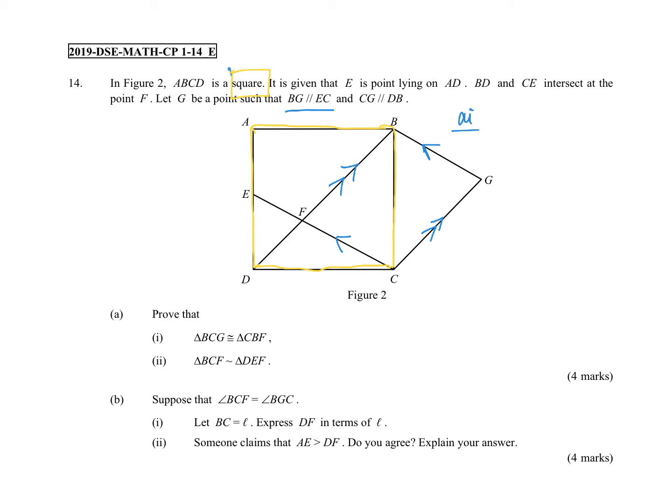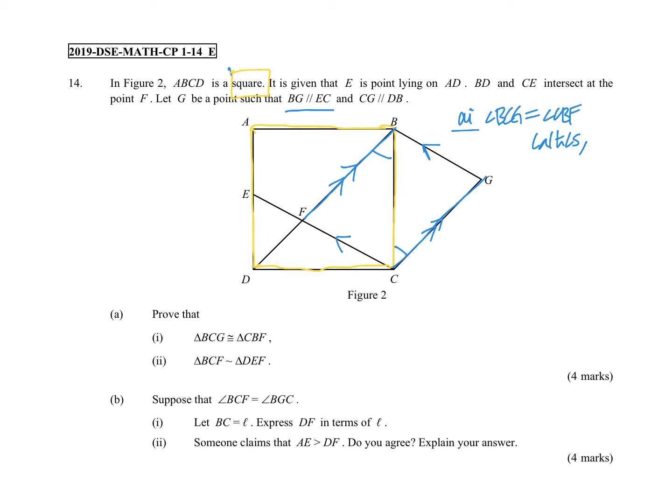Triangle BCG is congruent to triangle CBF, of course, right? So just parallelogram stuff. First of all, angle BCG equals angle CBF. That will be because of alternate angles. Be careful because there are so many pairs of parallel lines here.